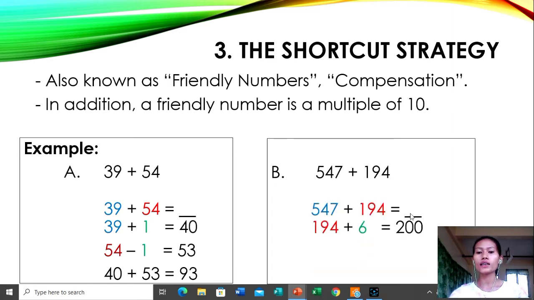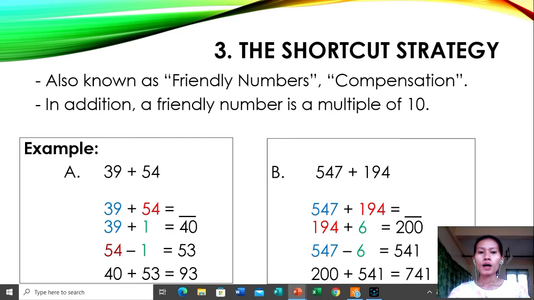And where did the 6 come from? We borrowed it from 547. So, the 547 becomes 541, because we subtracted the 6 that we added to 194. And then add the results. 200 plus 541 is equal to 741.